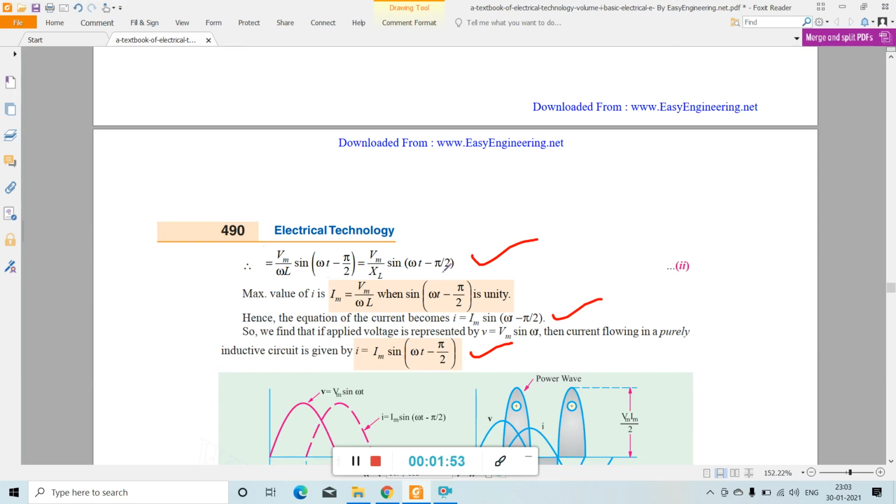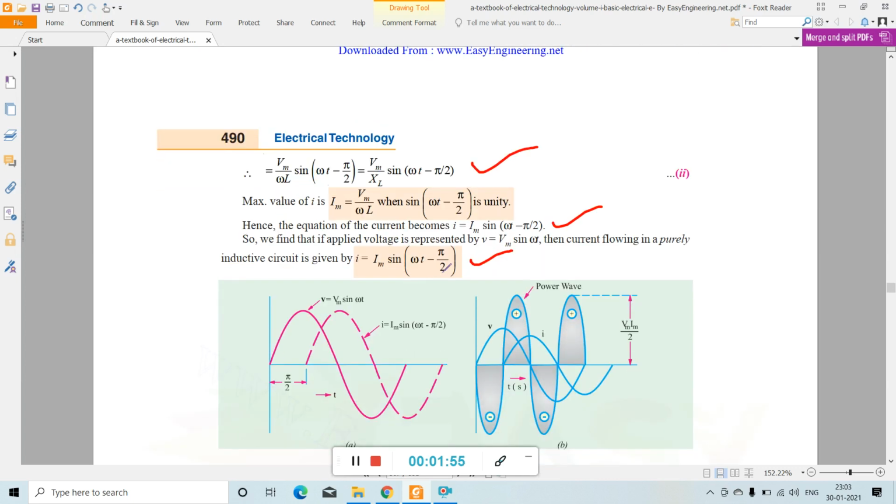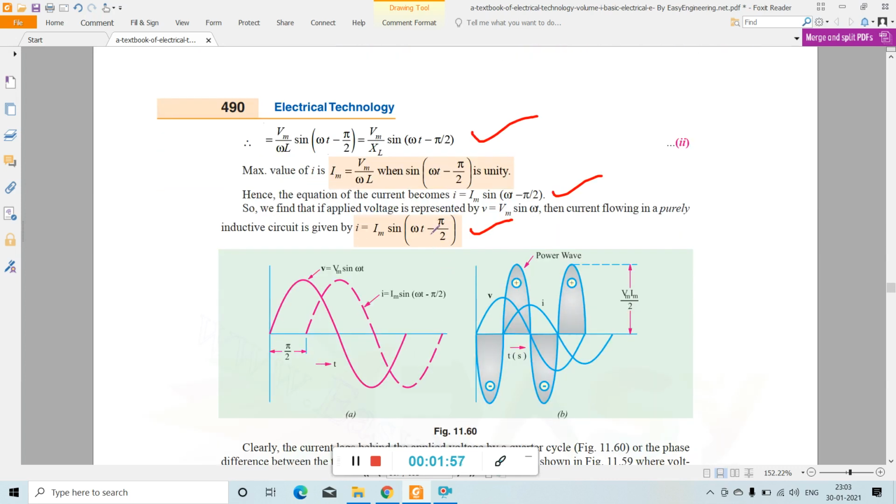What we find from these expressions is that in a pure inductance circuit, if the applied voltage is represented by Vm sin omega t, the current flowing is given by I = Im sin (omega t minus pi by 2).